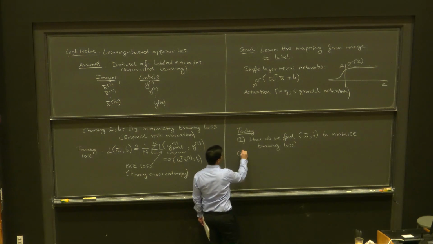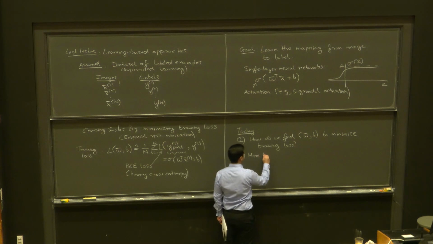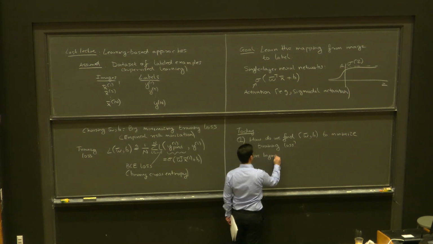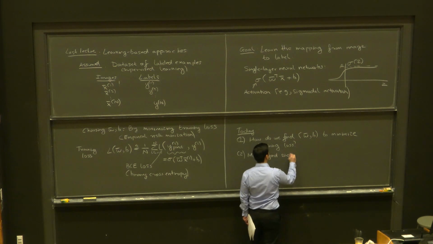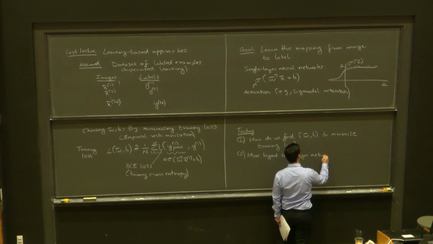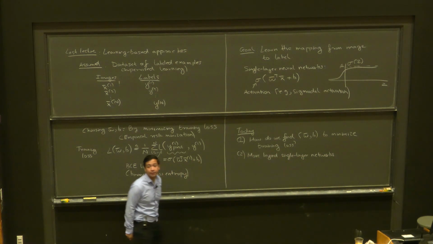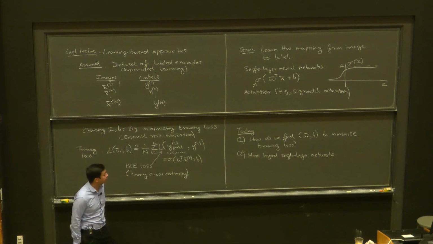And the second thing we'll do is move beyond single layer networks to multi-layer networks. So we discussed some of the limitations of single layer networks in the previous lecture.